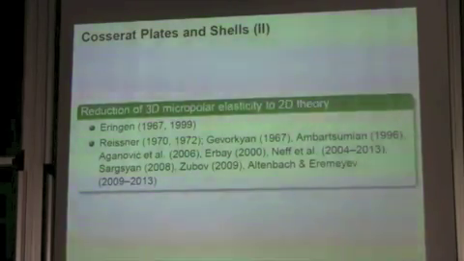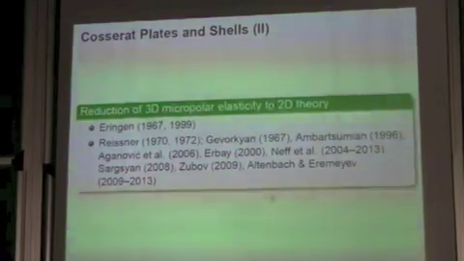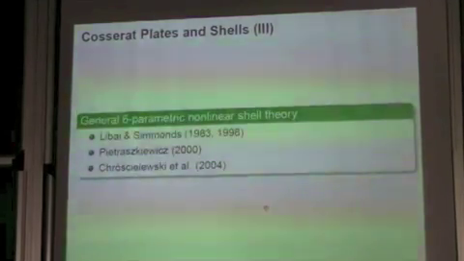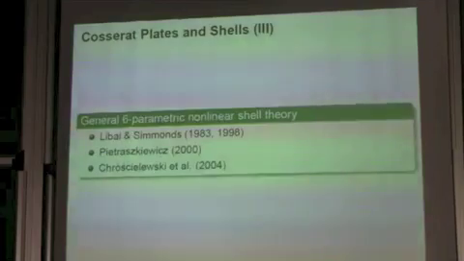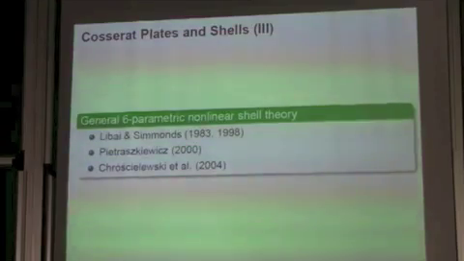Such papers were presented by Eringen. But you can see also this approach in the papers of Altenbach and other people which are presented here. And last but not least, if we have all these properties independent, that means the rotation and translations, this is also a natural way to start with a so-called general six-parametric nonlinear shell theory.